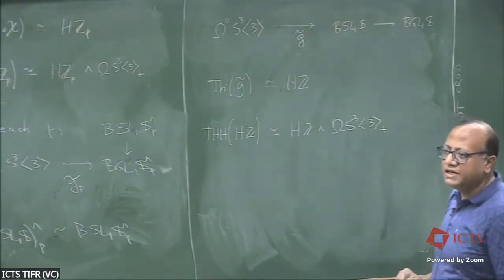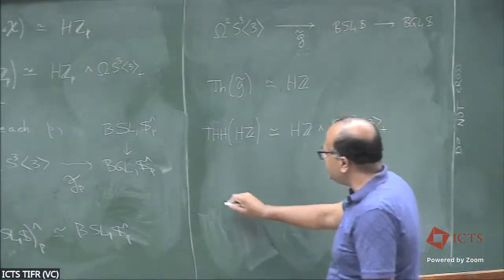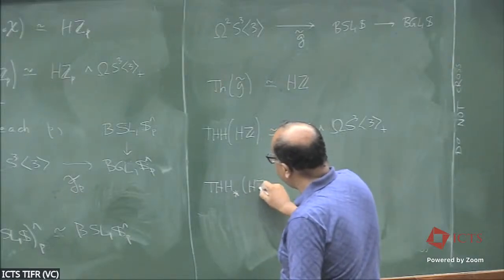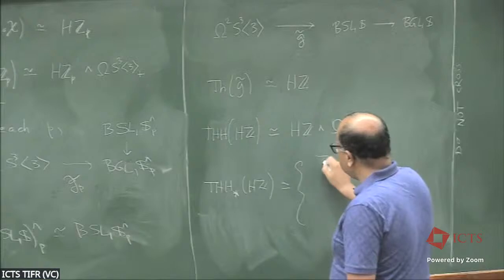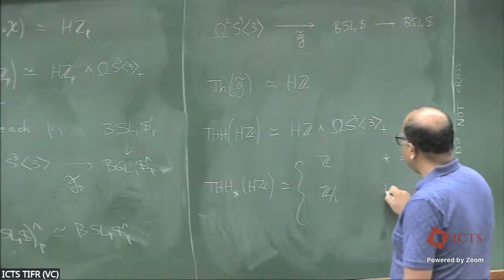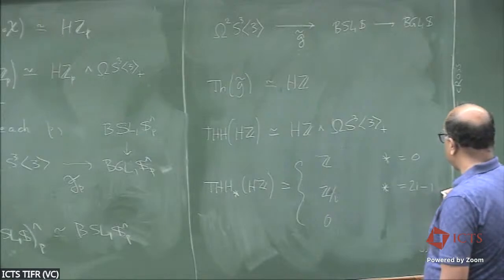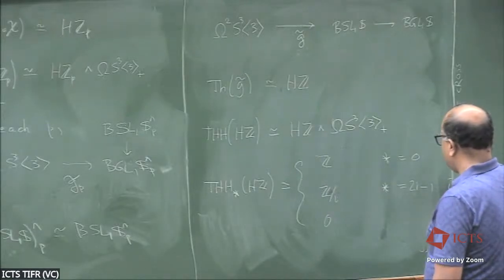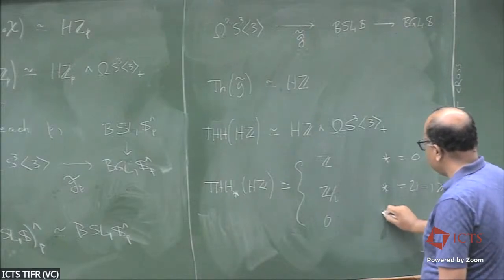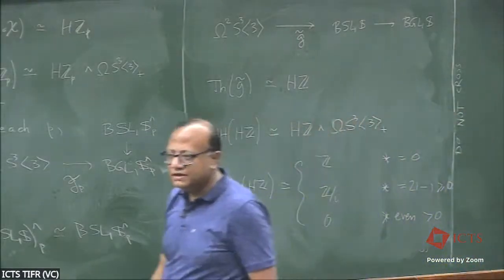And this homology again you can calculate using the Serre spectral sequence, and you will get that THH star of HZ is Z if star is 0, Z mod i if star is 2i minus 1, and 0 for star even greater than 0, where of course i has to be bigger than or equal to 0. Okay, I think I will stop there.